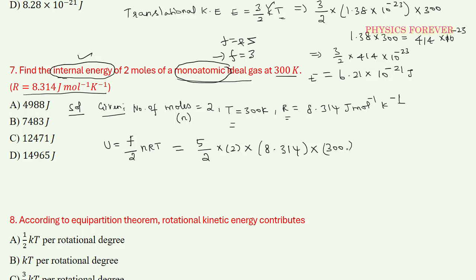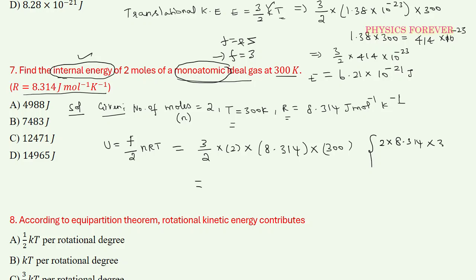Just we have to substitute everything. Here we have made one mistake. That should be, the degree of freedom is 3 for monoatomic gases.